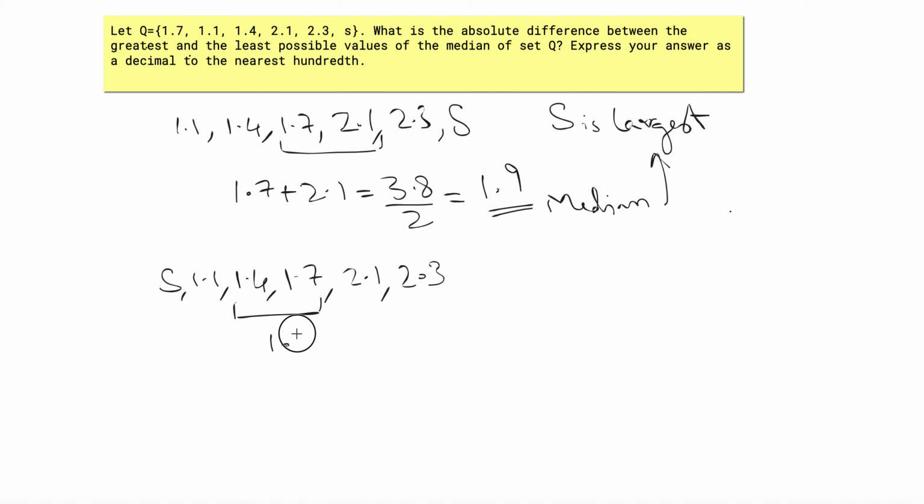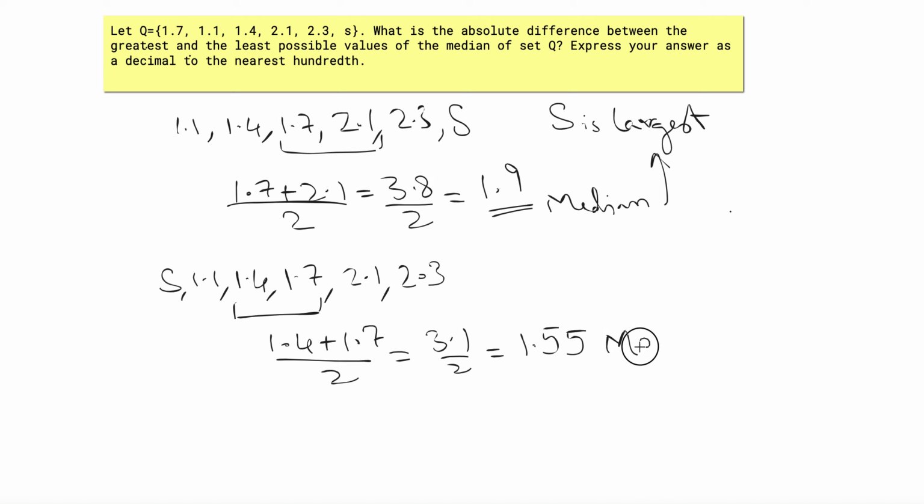So that is 1.4 plus 1.7, and here I'll just divide this by 2, and this is 3.1 divided by 2, which is 1.55, and this is the median when S is the smallest.